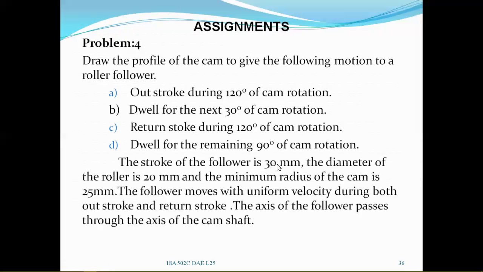The stroke of the follower is 30 mm, vertical on the y-axis, diameter of the roller is 20 mm, minimum radius of the cam is 25 mm, and the follower moves with uniform velocity during both outstroke and return stroke. The axis of the follower passes through the cam axis, that means the axis of the camshaft. So this is also a simple problem that you can draw, right?